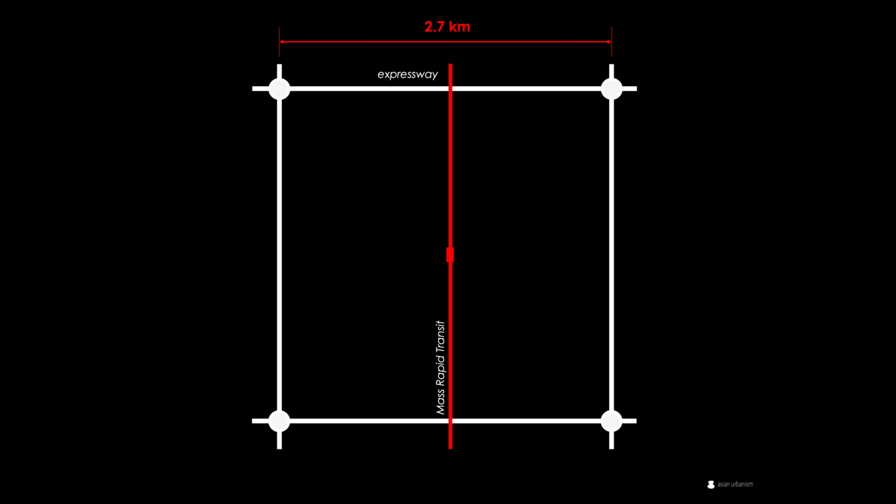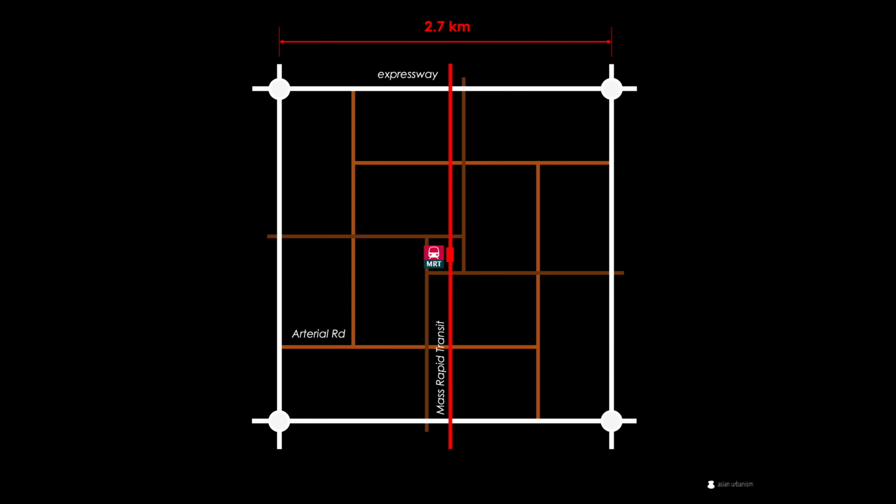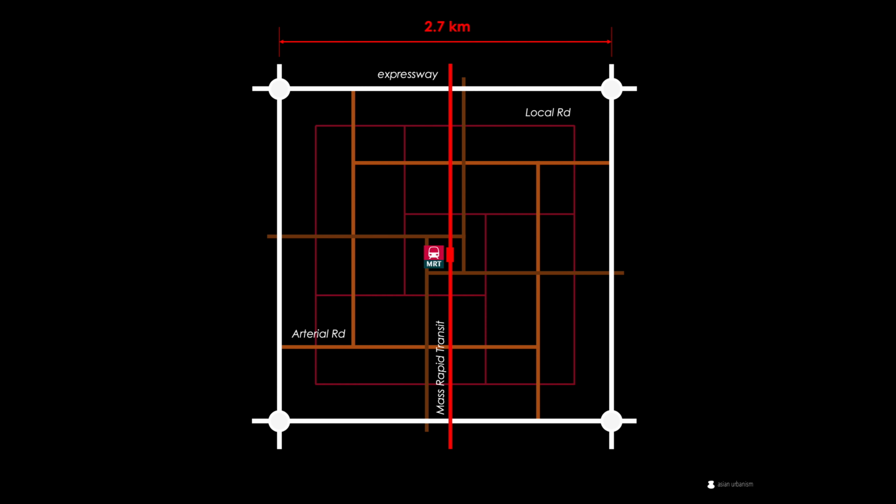This is to ensure a seamless connection between all towns across the island. MRT, which usually incorporates a bus interchange, is strategically placed at the center of the town. Arterial roads divide the neighborhoods. Together with local roads, they provide greater connectivity within the town.